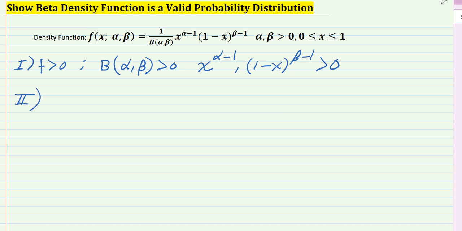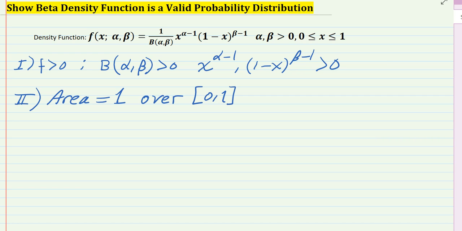The second thing, which takes more work to do, is to show that the area under the curve over the domain is 1. I'm just going to write the area is equal to 1 over the domain from 0 to 1.